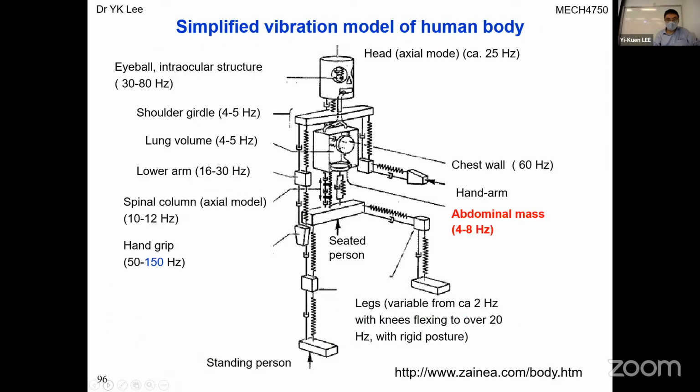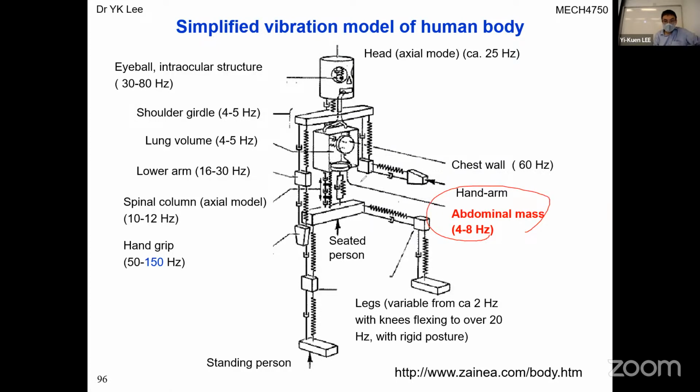Typically, I think we'll mention this in chapter 3, the human body can be examined as a multiple mass-spring-damper system. One of the most sensitive parts is the abdominal area, at 4 to 8 hertz.